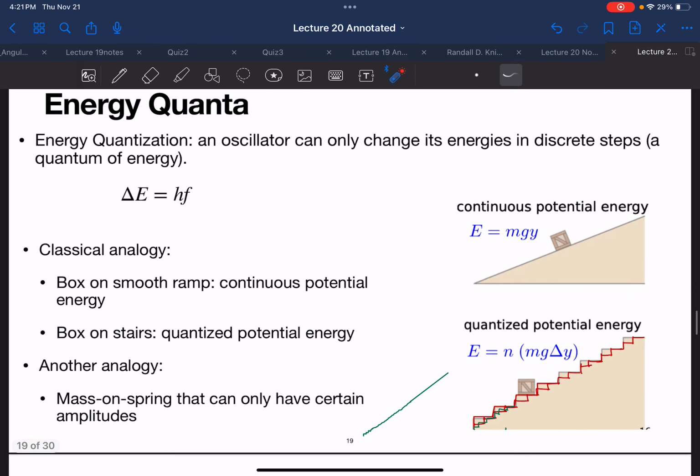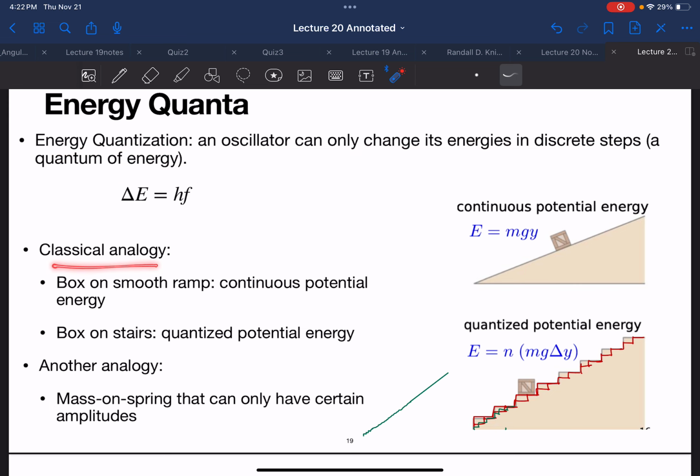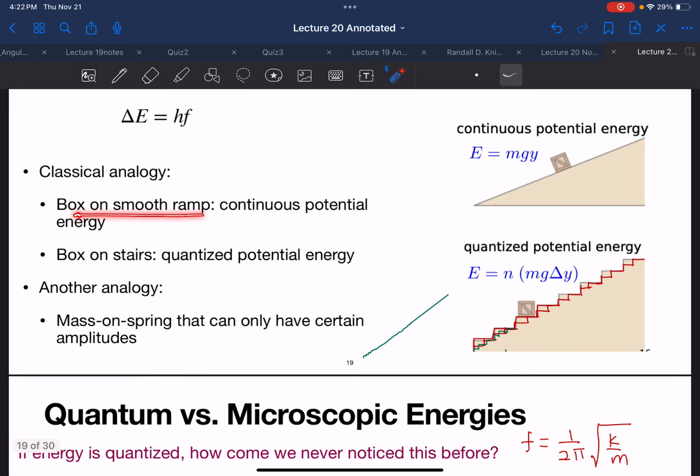Okay, so coming back to this is just to bring home the point of what energy quantization is. An oscillator can only change its energy by some discrete steps, and these discrete steps are hf. The classical analogy is you have a box on a smooth ramp, continuous potential energy, so you can put the box anywhere along the ramp. On the other hand, a box on stairs has quantized potential energy.